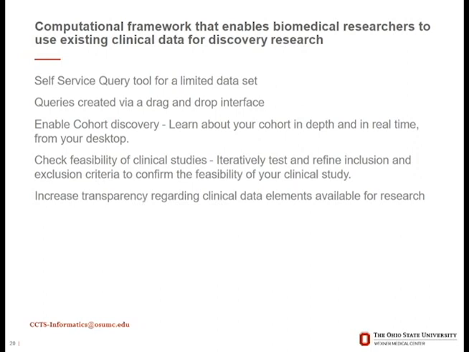This is very quick. You can do it from your desktop or your laptop, and you can change the conditions that you're using to get the count. So this enables feasibility analysis, and also you can see what kind of data elements are available for research in I2B2.